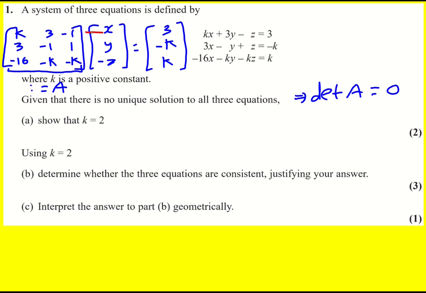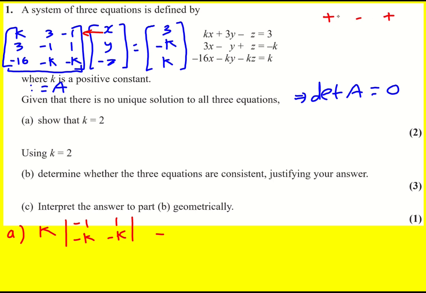I'm going to expand along the first row, as there doesn't seem to be an advantage of doing anything else. So I'll get k times the determinant of what happens if I cross this row and column out: minus 1, 1, minus k, minus k. And then for the next expansion, I'll have to do a minus, because you do plus, minus, plus.